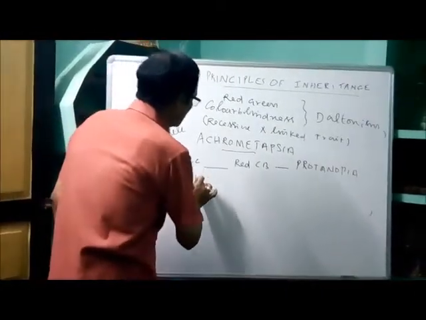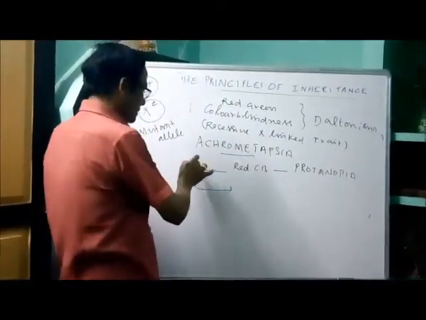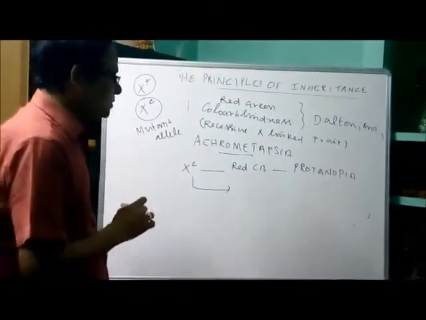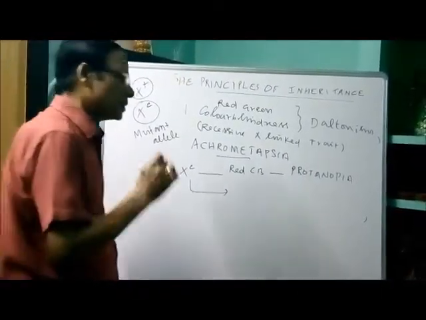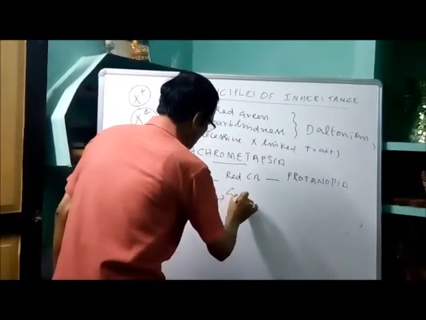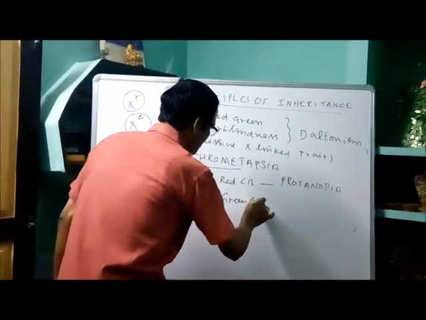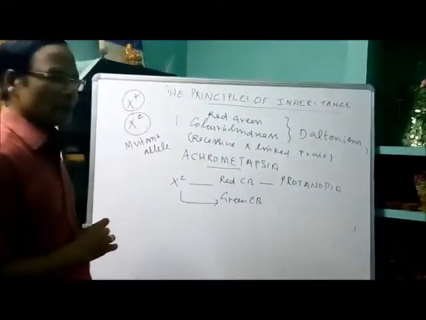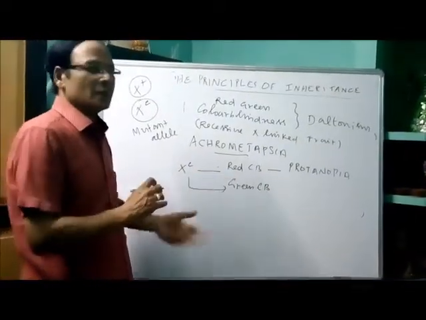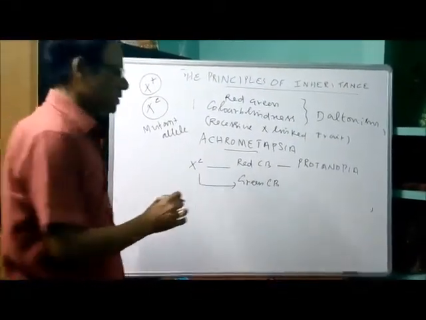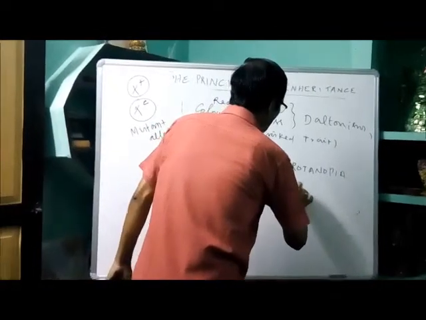In some cases, this recessive gene is unable to produce the green pigment. So people without the green pigment are colorblind to green color because of the mutant gene. This condition is called deuteranopia.